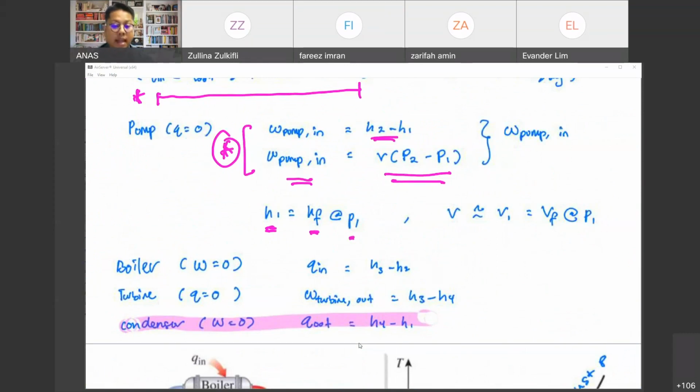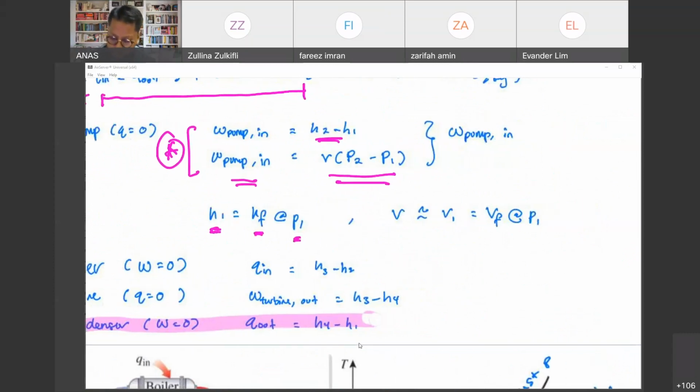Basically, we can get the enthalpy of the liquid at this particular pressure. Similarly, to find the specific volume for 1, we can get the value at P1.